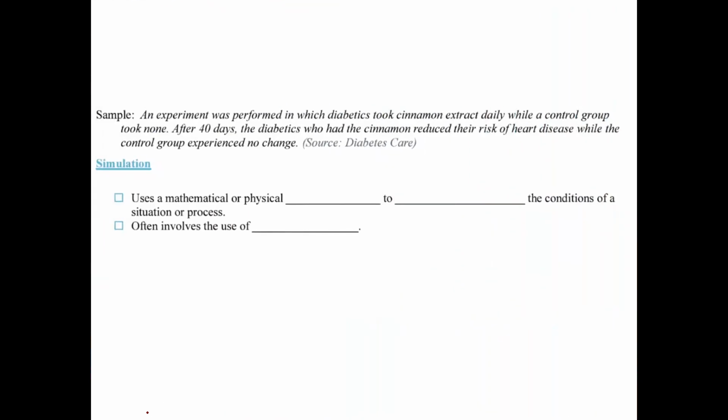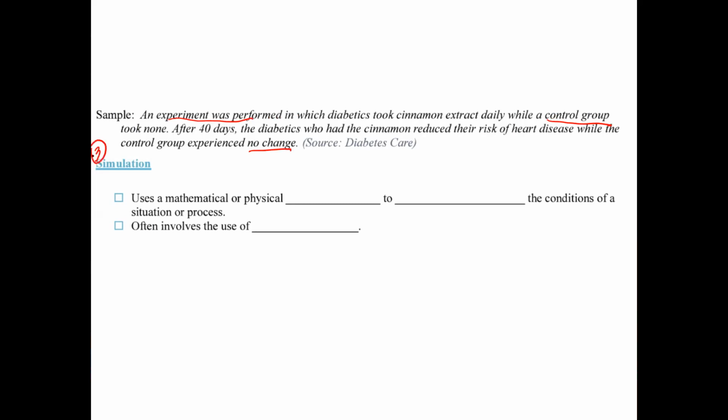For example, an experiment was performed in which diabetics took cinnamon extract daily, while a control group took none. After 40 days, the diabetics who took cinnamon reduced their risk of heart disease, while the control group experienced no change. So that is an experimental one, where you have a control group and an experimental group that actually is taking cinnamon to see if there's a difference. And the control group didn't take any because you want to make sure you have a base for comparison.